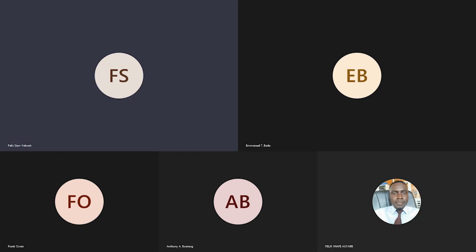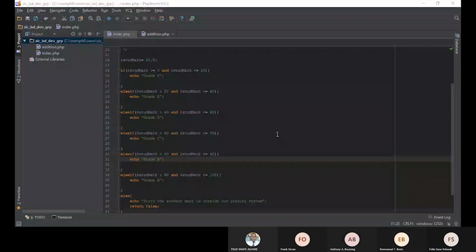Then we fine tune the small algorithm that we've written here. All right. Then I think it's okay now, and the understanding is now clear.